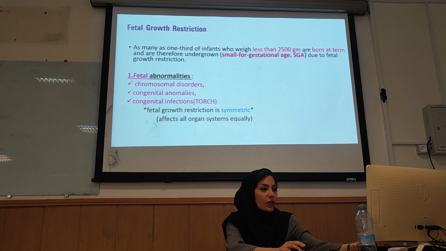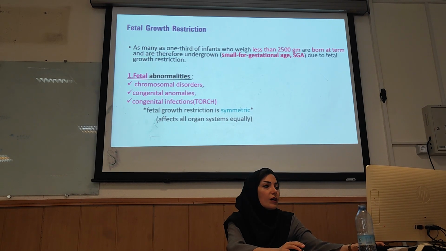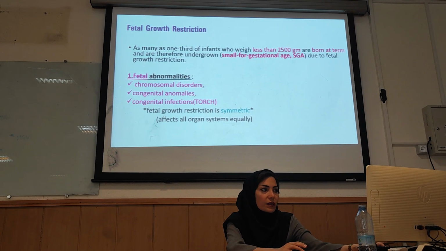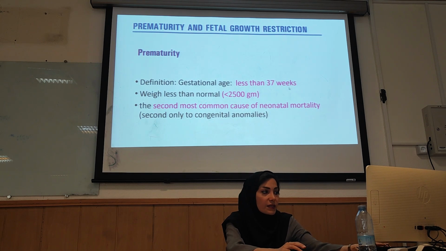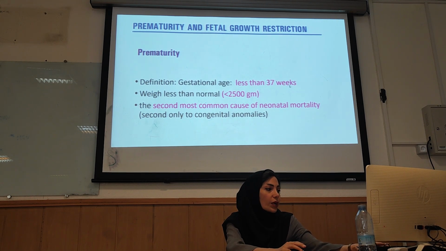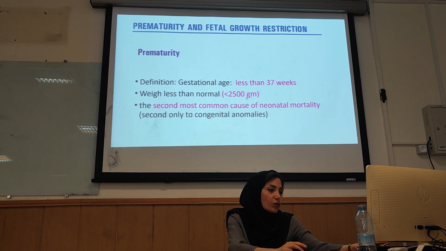So the gestational age is 37 weeks, but their weight is less than 2,500 grams. In prematurity, the important point is the gestational age, which is less than 37 weeks. Really, all of them have weights less than 2,500 grams.